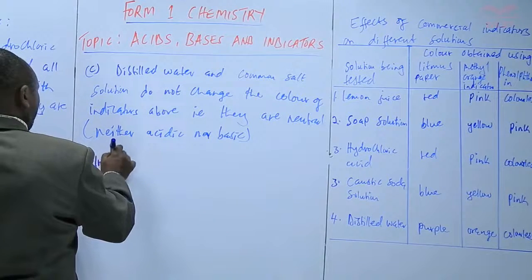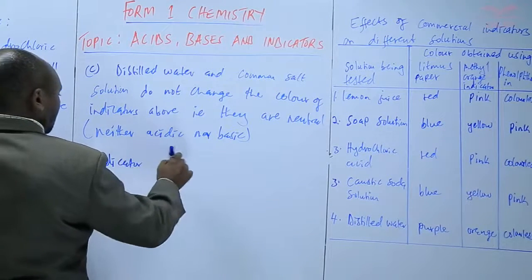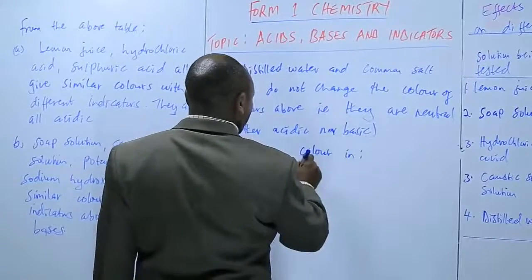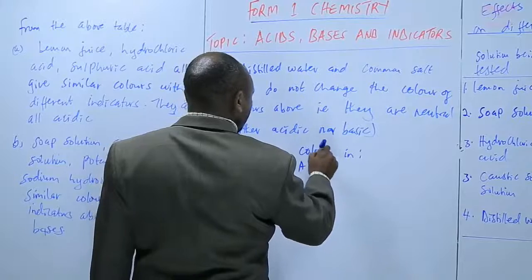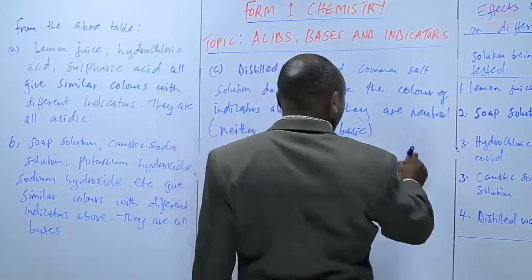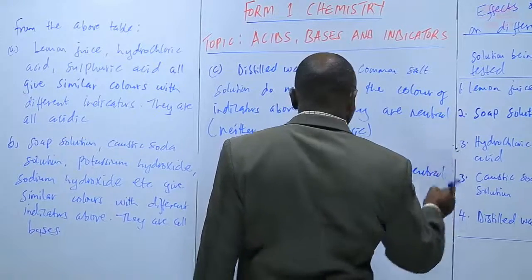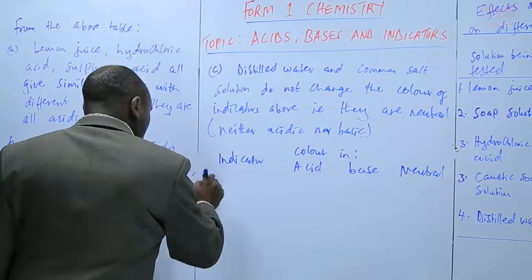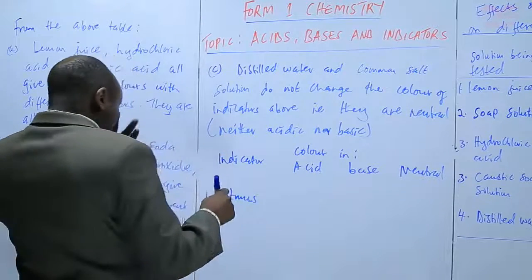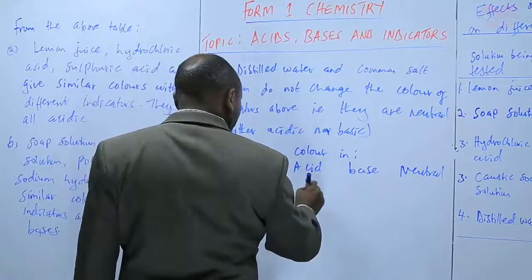So we can summarize that again and say that we can have the indicator, then we can have color in acid, base, and neutral solution. So for example, we can start with the litmus. In acid, it is red.